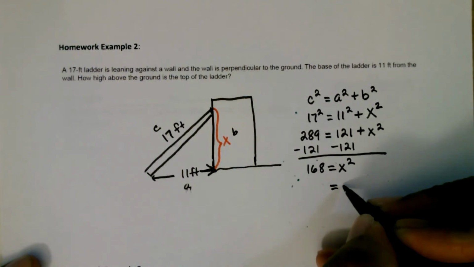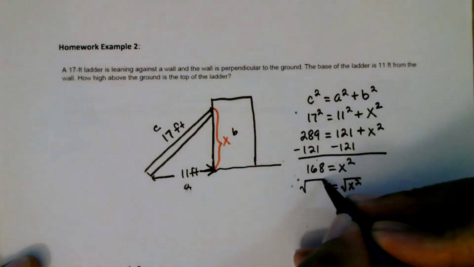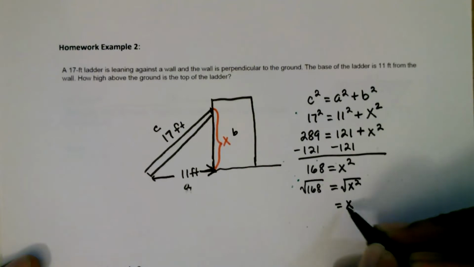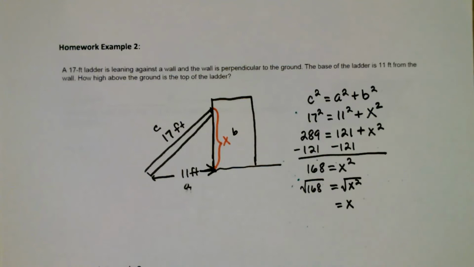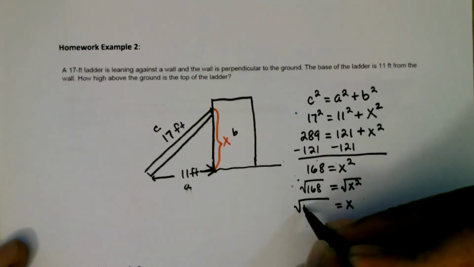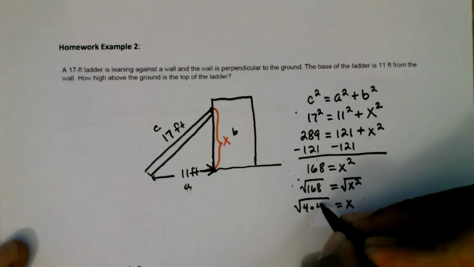Okay, so if I take the square root on both sides to get X by itself, the square root of X squared would be X. 168 is not a perfect square, so I need to find the largest perfect square that goes into 168. That'll have to be 4, because 4 goes into 168 42 times.